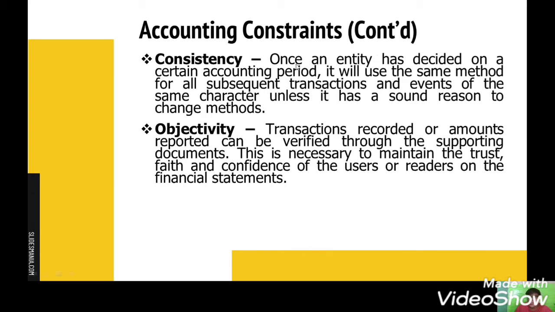So on consistency, once an entity has decided on a certain accounting period, it will use the same method for all subsequent transactions and events of the same character unless it has a sound reason to change methods. So as much as possible, you should not change your methods. This is the caveat: unless it has a sound reason. If you really need to change, there's no choice.